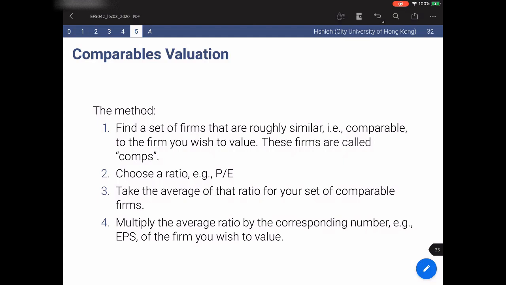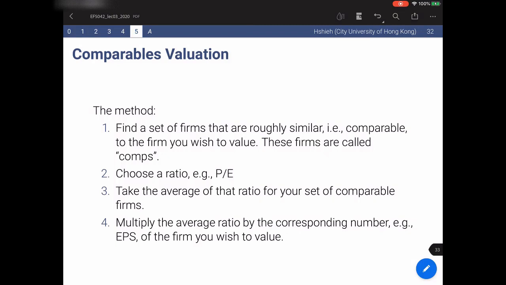All right, so for each comp you can derive a ratio. In step 2, I propose that you can use the price to earnings ratio. In the case of Microsoft, if you're using Apple as a comp, you can calculate the PE ratio for Apple. If you want to use AMD to represent a comp as well, you can also calculate the PE ratio for AMD.